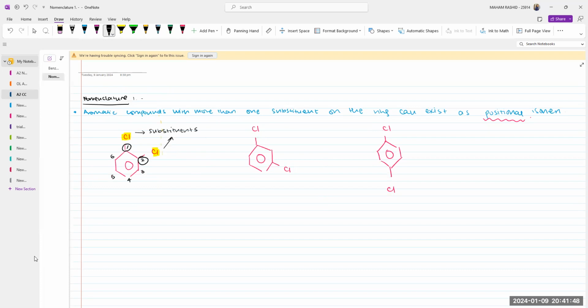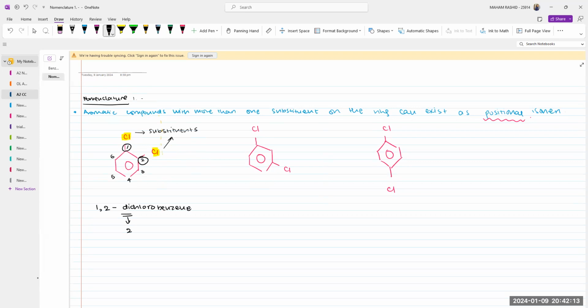So I will name this as 1,2-dichlorobenzene. Why will I name it di? Because there are two chlorine atoms. If there were three chlorine atoms, I would have named it trichlorobenzene. So it's 1,2-dichlorobenzene.